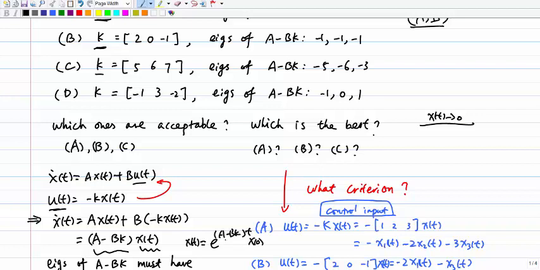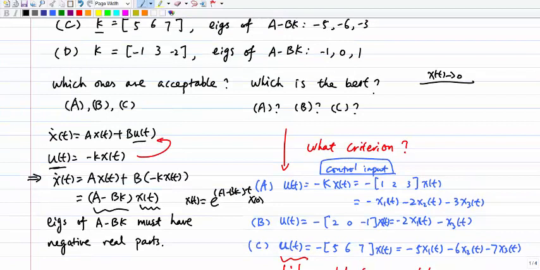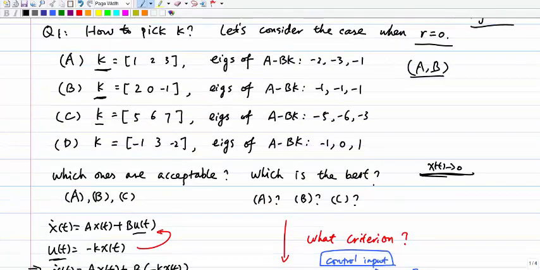So basically you want the eigenvalues of A minus BK to have negative real parts. If you have positive real parts or 0 real parts, x(t) will not go to 0. So if we check the three options, A and B and C, the eigenvalues are all negative, which is fine.